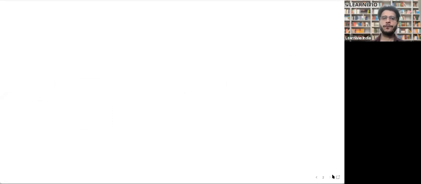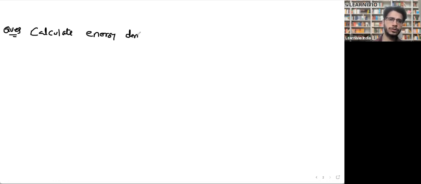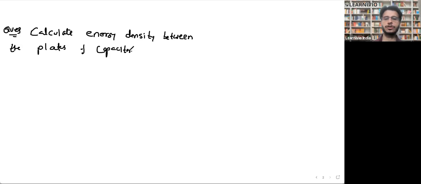Okay, so now we have the force between the charges. Next we need energy density. The next question says calculate the energy density between the plates of capacitor.